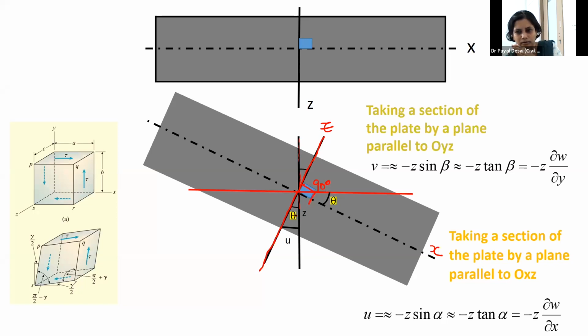Now, the significance of this: you have studied shear strain. The definition of shear strain is two sides, just like it is shown here in the second image, that if this is 90 degrees and you apply any shear stress, these two sides will distort to less than 90 degrees.